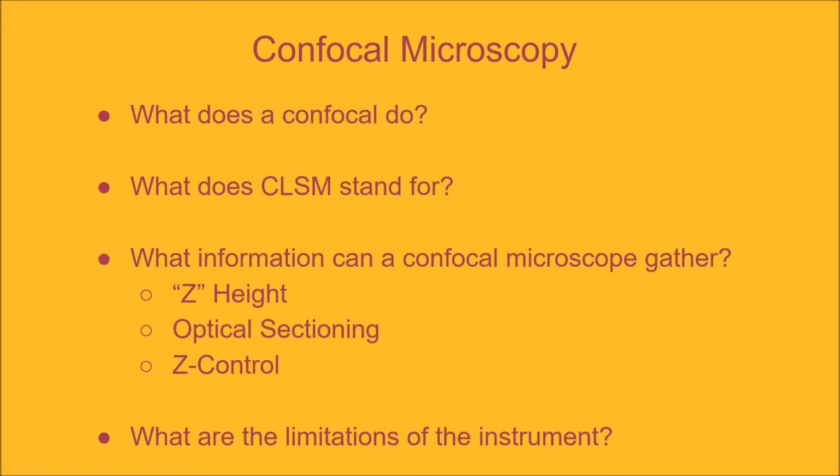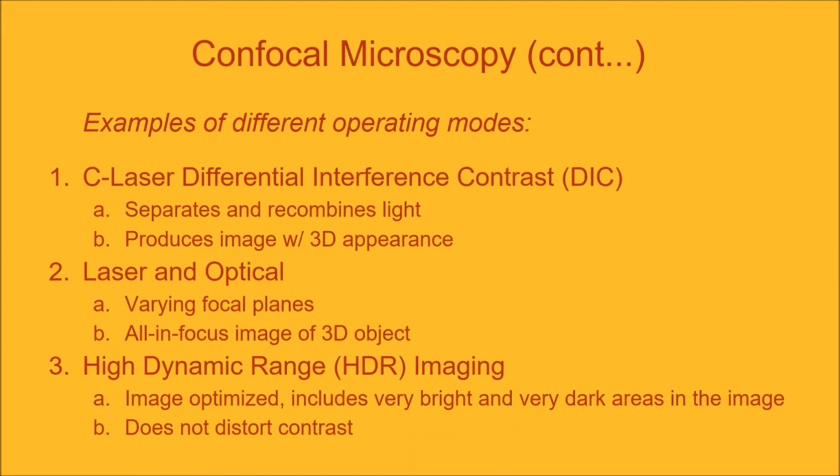Like any optical microscope, the image resolution is limited by the microscope's lens size and the wavelength of the light gathered. Some of the many different modes in confocal microscopy include C-laser differential interference contrast, or DIC, laser and optical, and high dynamic range imaging, or HDR.